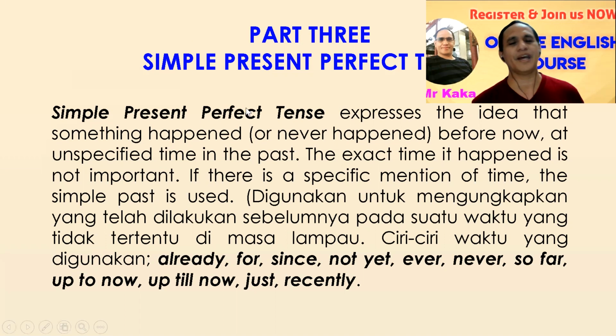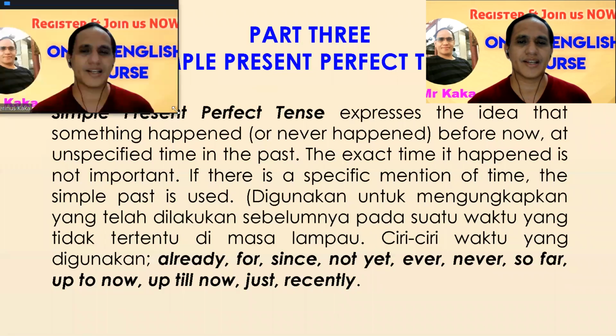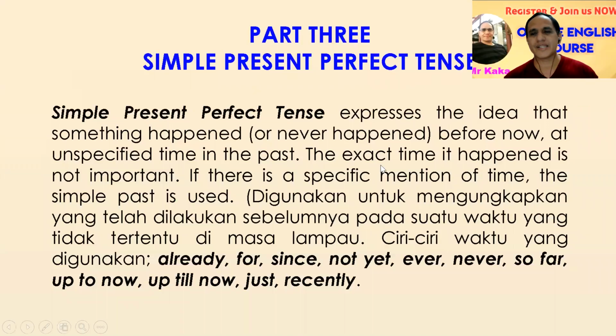Okay, now we are going to part 3, about present perfect tense. As we know, present perfect tense expresses the idea that something happened or never happened before now, at an unspecified time in the past.